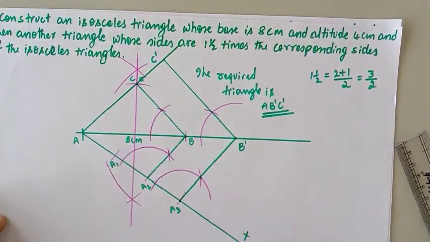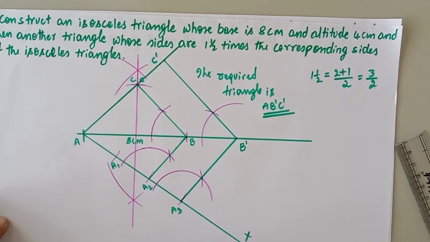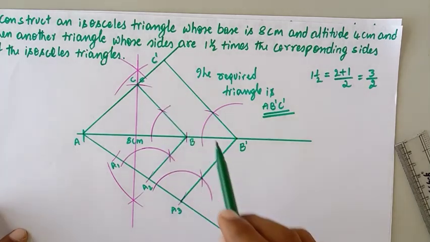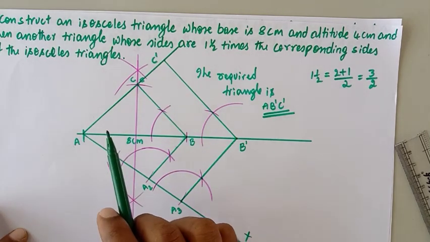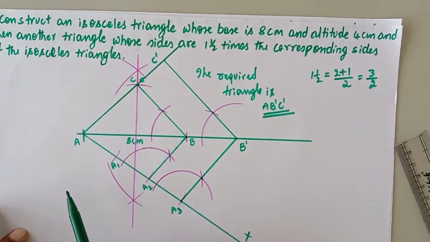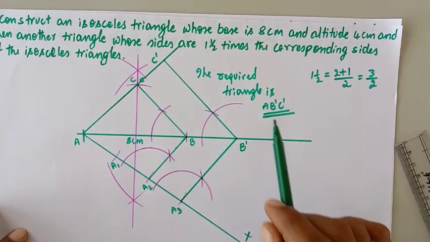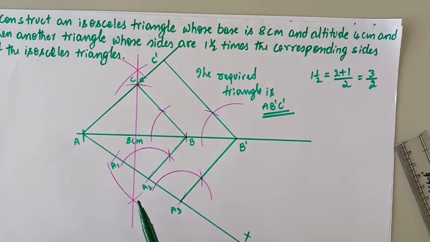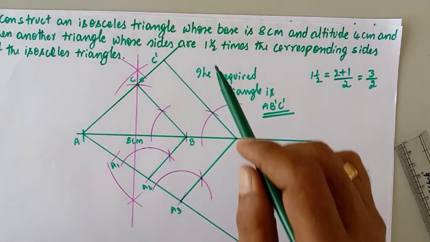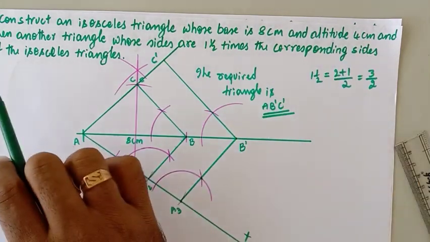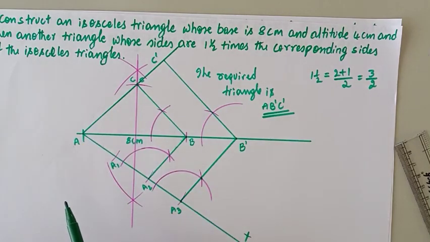This completes the construction of the triangle. This is also an isosceles triangle. The first triangle ABC was also isosceles, and the triangle AB dash C dash is also an isosceles triangle, but it will be 1.5 times the corresponding sides of the isosceles triangle ABC.